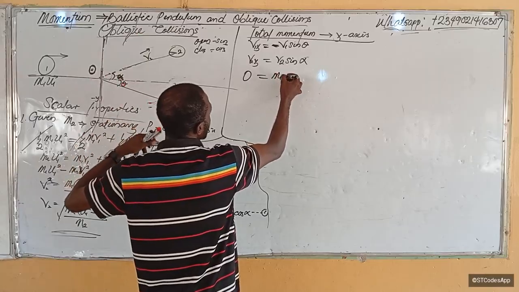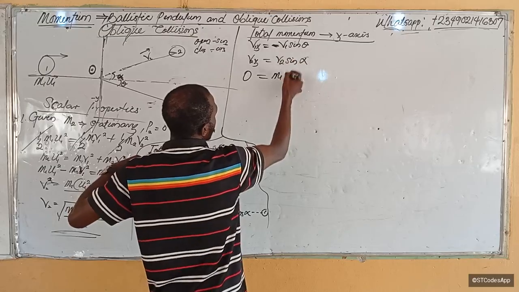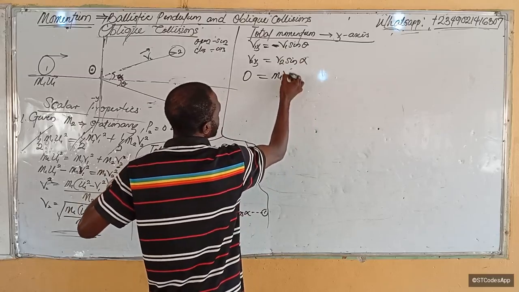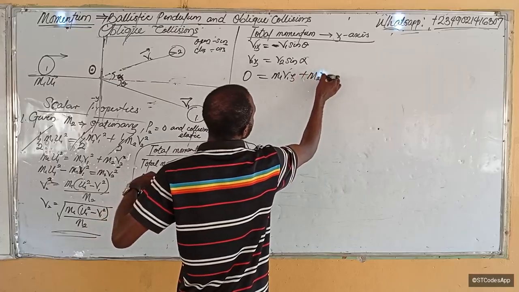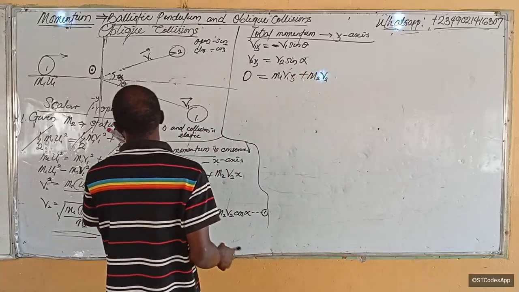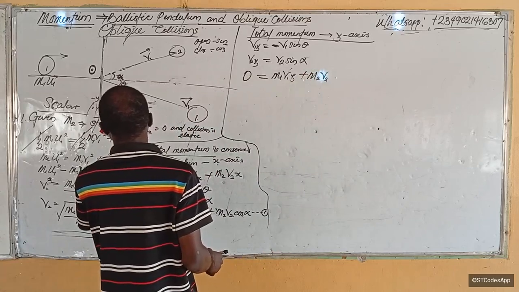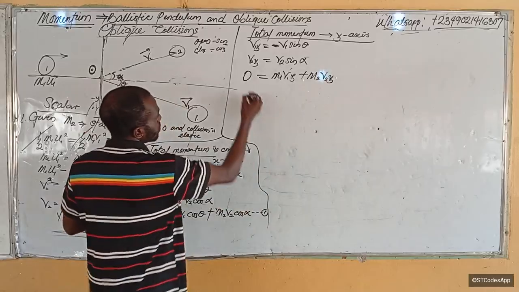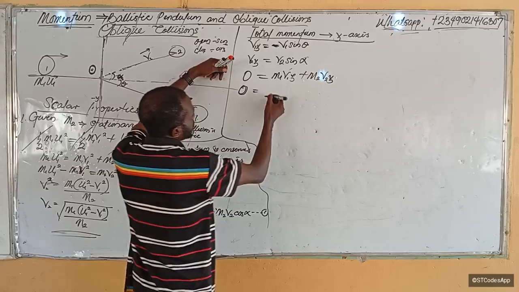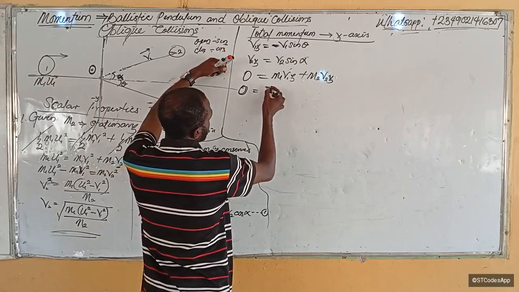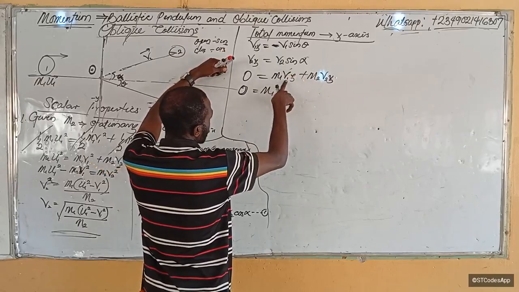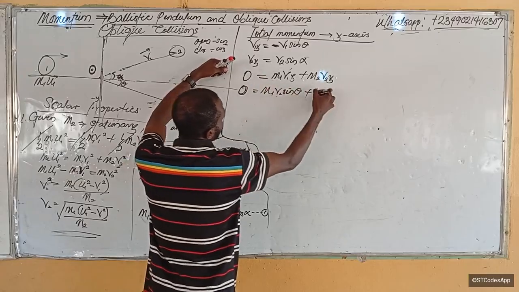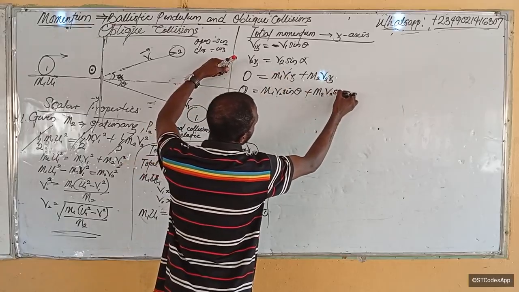But after collision, there is a y component. So now it becomes m1 v1y plus m2 v2y. So 0 is equal to m1 times minus v1 sine theta plus m2 v2 sine alpha.